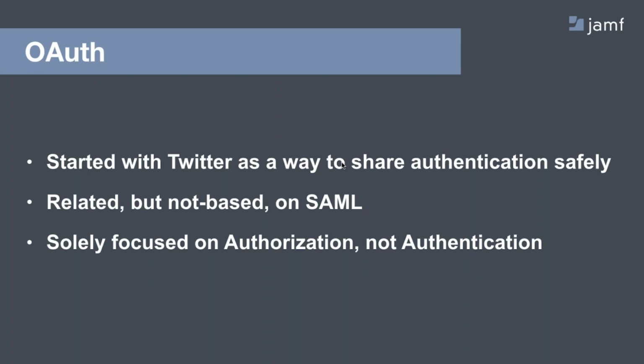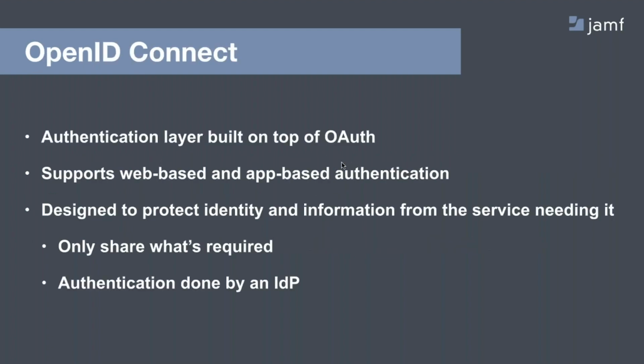So OAuth doesn't care where you put your username and password or how that gets validated, whether it's multi-factor or something else. It just cares that once you've been identified, once you've authenticated, then you can go the rest of the way. So OpenID Connect comes in, and this provides a common authentication layer that's built on top of OAuth. So it kind of adds these other pieces in.